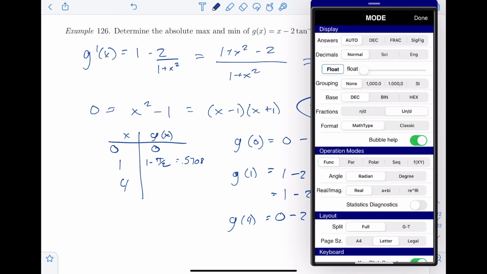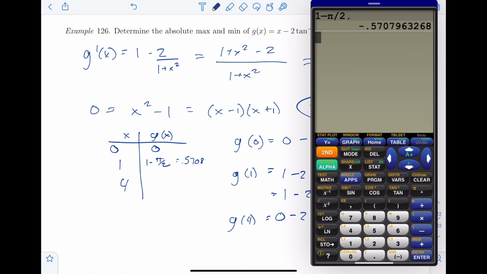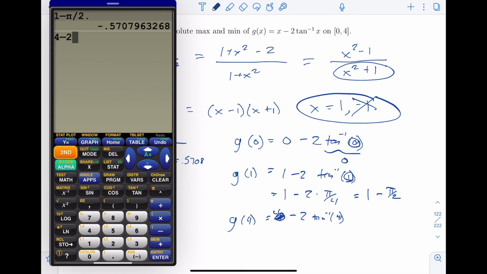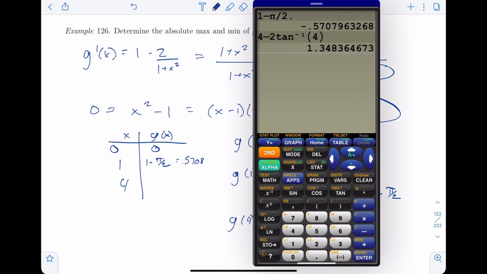And then the other one, I'll just make sure that I'm in the right mode here. I need radians. Radians, good to go. So it should be a 4, not a 0. 4 minus 2 times arctan of 4, 1.348.